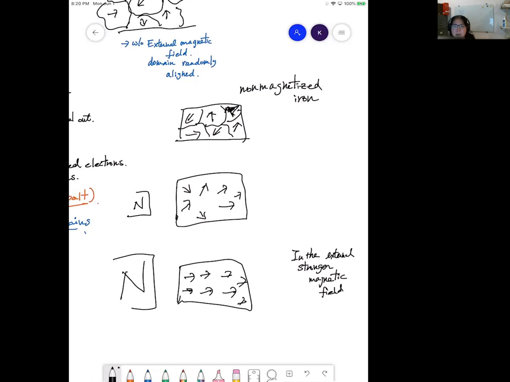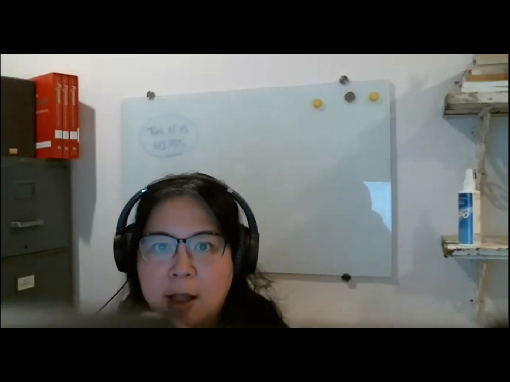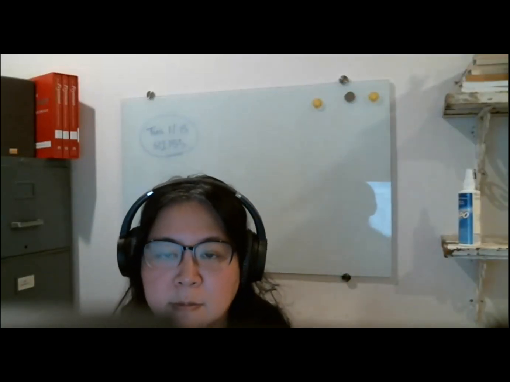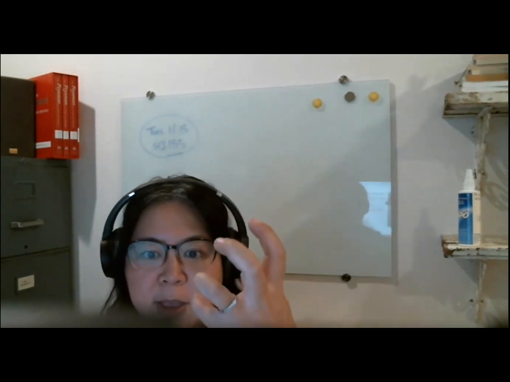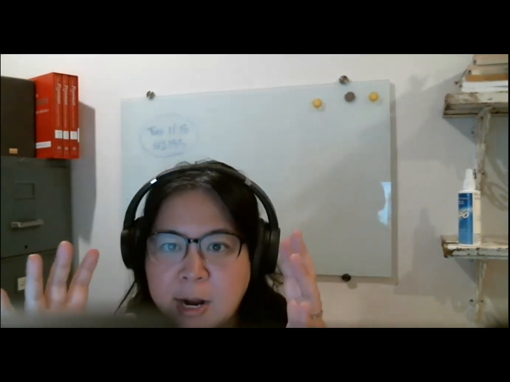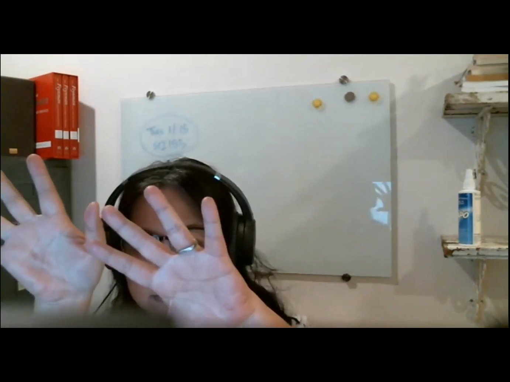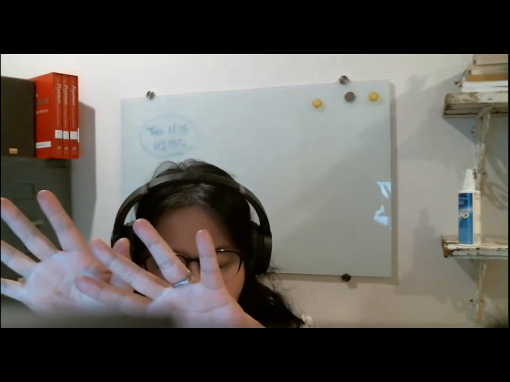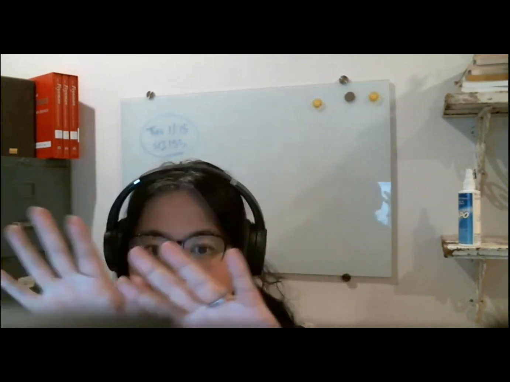The ferromagnetic material can be magnetized. How do you magnetize this ferromagnetic material? You can just rub it against a magnet, stroke it like this, and then they'll be magnetized. Or you can leave it in a strong magnetic field for a long time. You train it to be in that direction. You force it, and then even at room temperature, they stay.